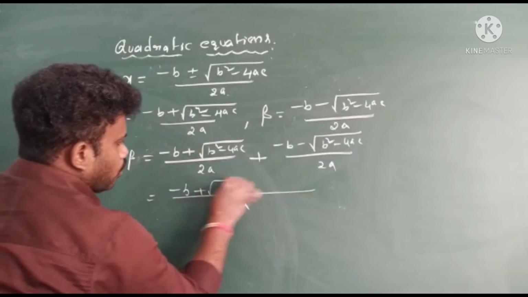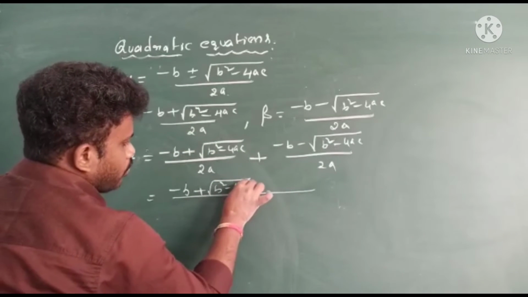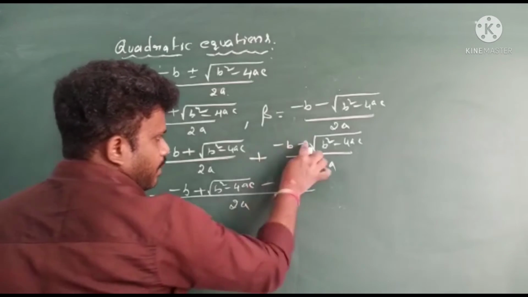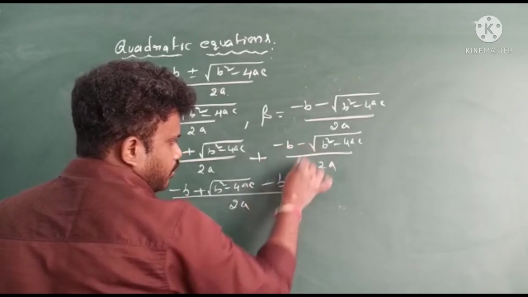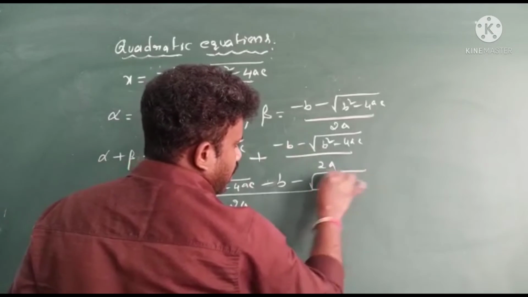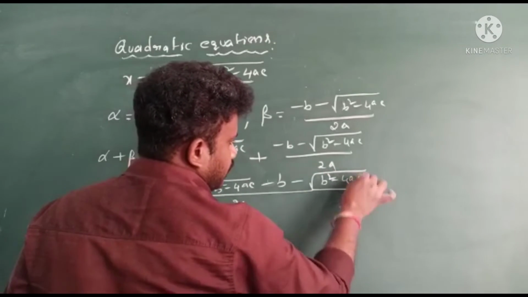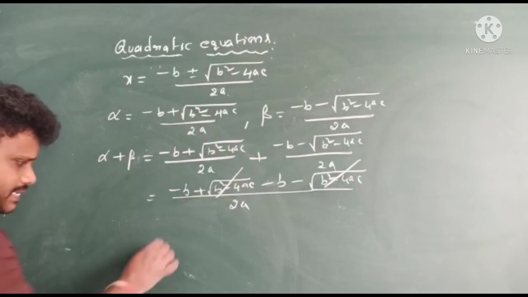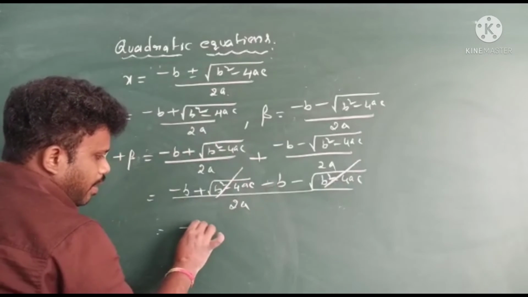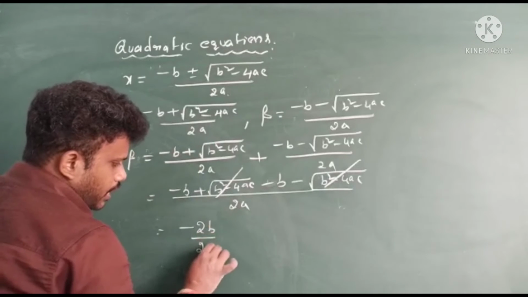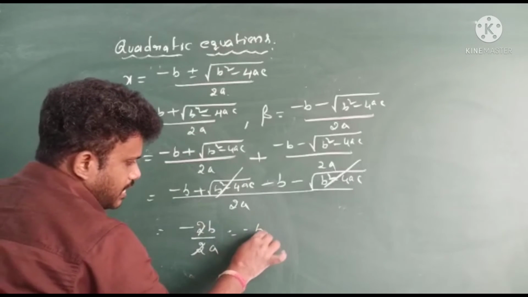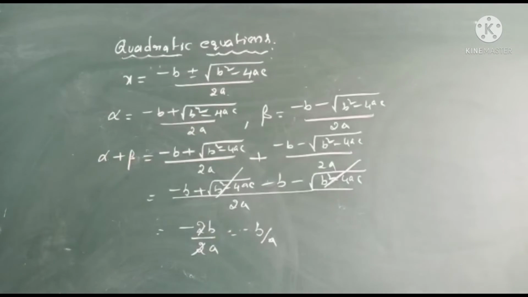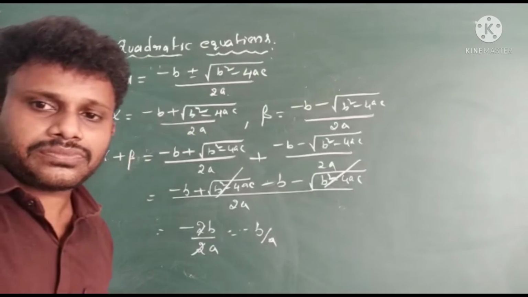Minus b plus root under b square minus 4ac, plus into minus becomes minus, again plus into minus b, plus into minus, again minus root under b square minus 4ac. The root under b square minus 4ac terms get cancelled. So minus b minus b is minus 2b by 2a. Here 2 gets cancelled, minus b by a, which is the formula for the sum of the zeros.